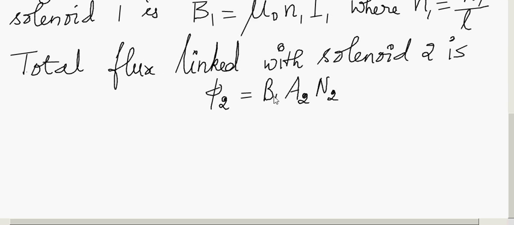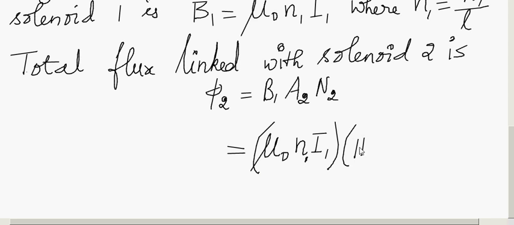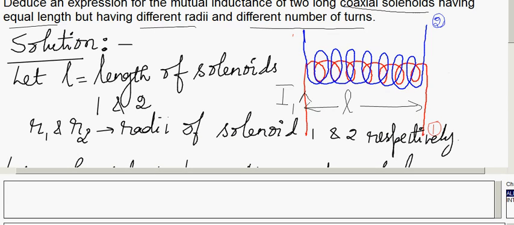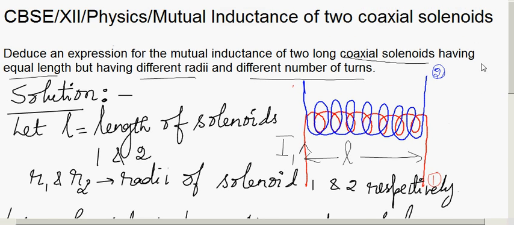Now we can substitute B1. So B1 is mu naught into n1 I1, into A2, which we can write in terms of the radius, pi R2 square, into N2.